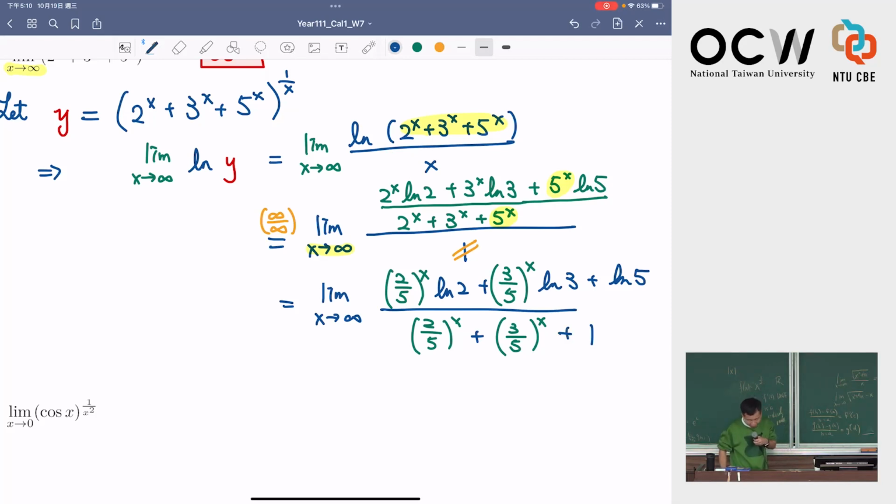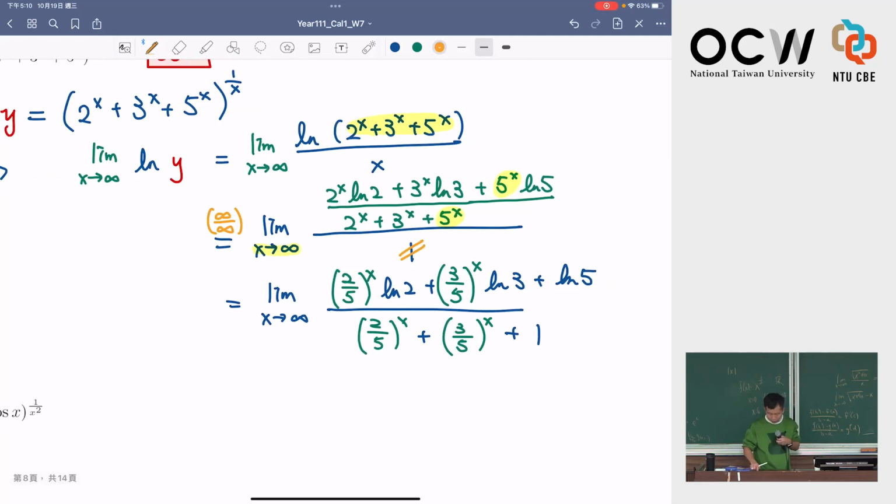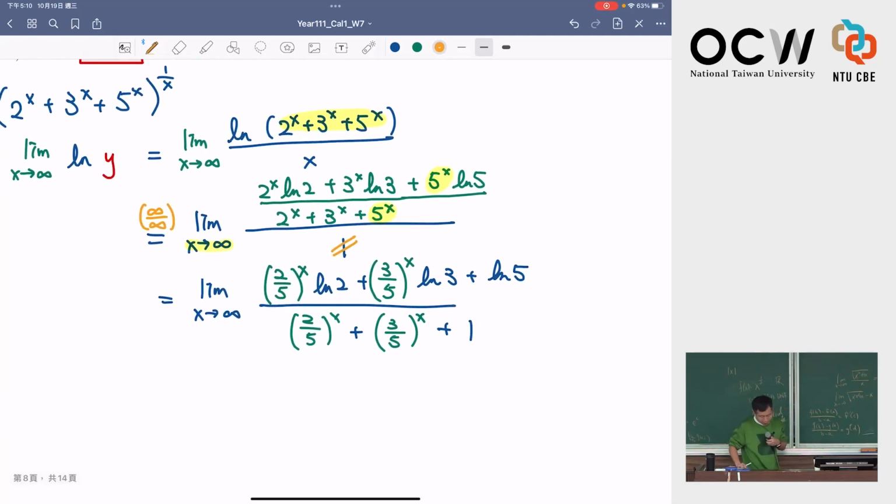So I divide both the numerator and denominator by the dominating term. But why do I do this? Because as x go to infinity, all this fraction power becomes 0. So at the end, you get simply log 5 over 1, which is log of 5.